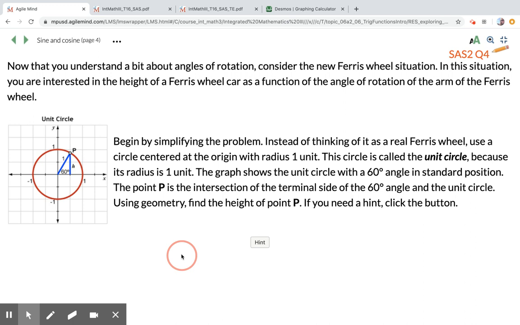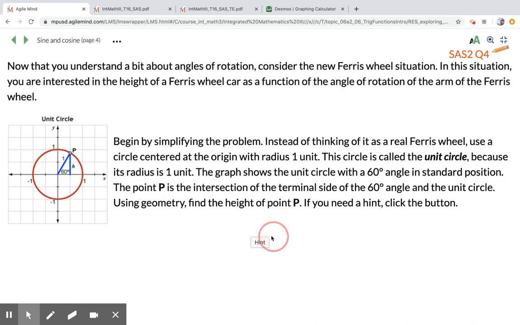So here's what I'd like you to do. Using some of your geometry skills from last year, I'd like you to find your height at point P. I want the height at point P.